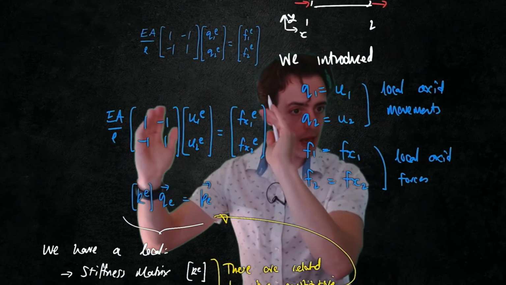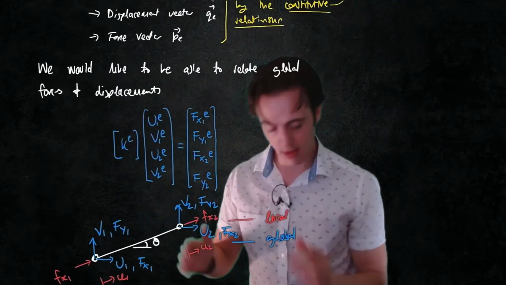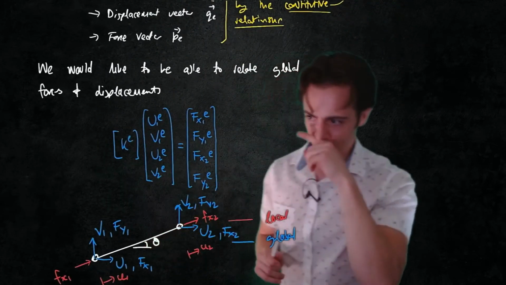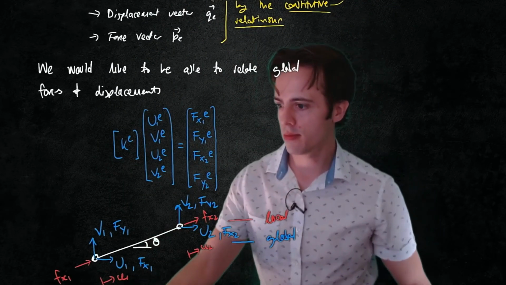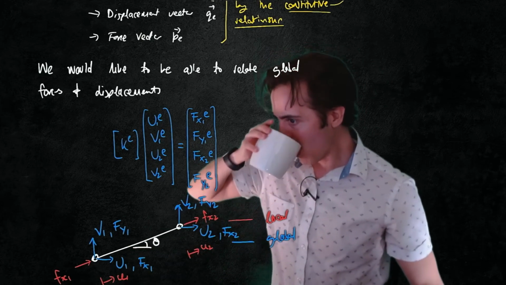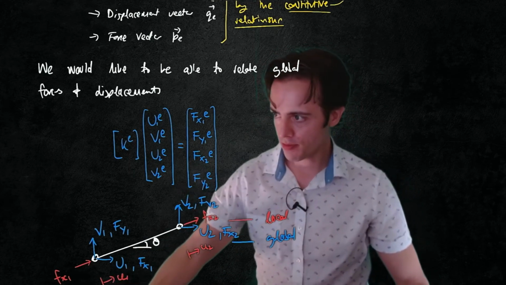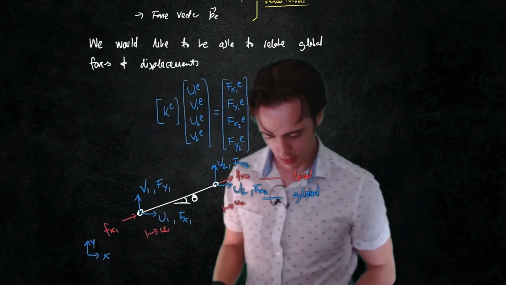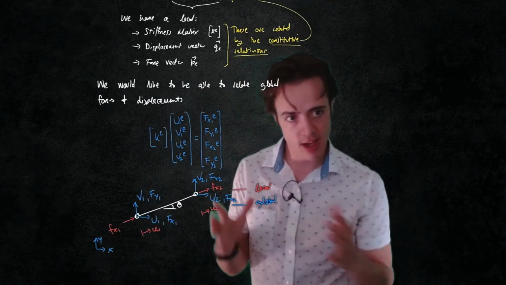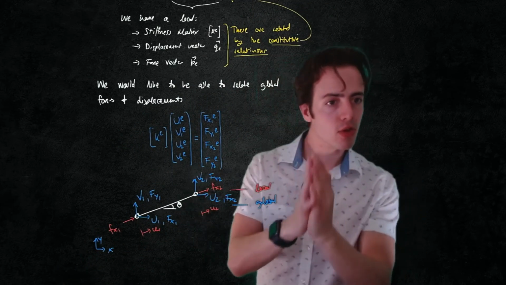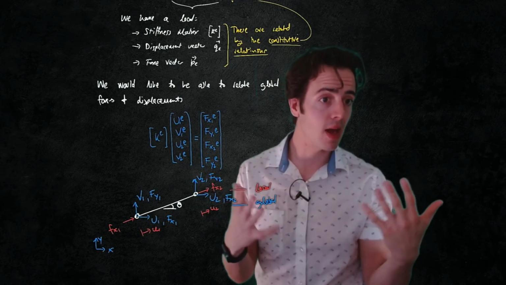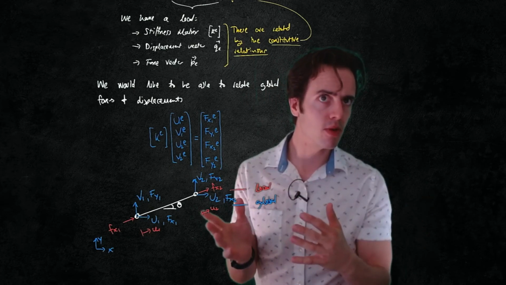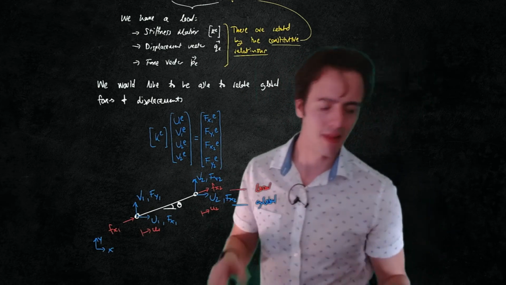So we need to be able to take this and put it into this format. Okay, and we already introduced the transformation between these lowercase u1 and u2 into uppercase u1 and u2, and also v's as well.